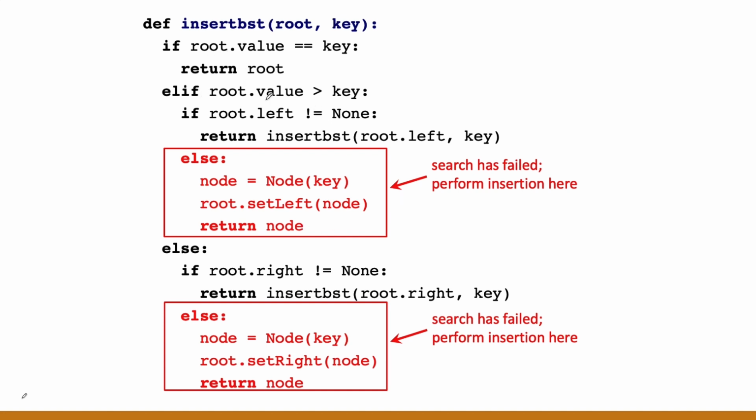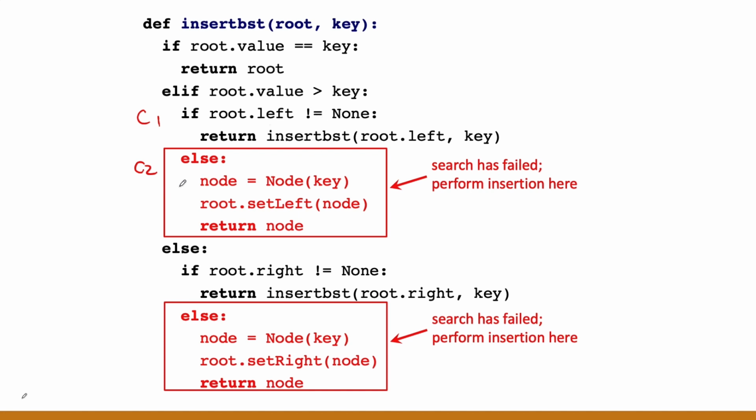What we were previously doing is that before we do the recursion, we check whether or not the left-hand side is empty. This is the case where the key value is smaller than the root value. So we further divide this into two cases: case 1 and case 2. If the key value is smaller than the root, and in the secondary check the left is not empty, then we make a recursive call.